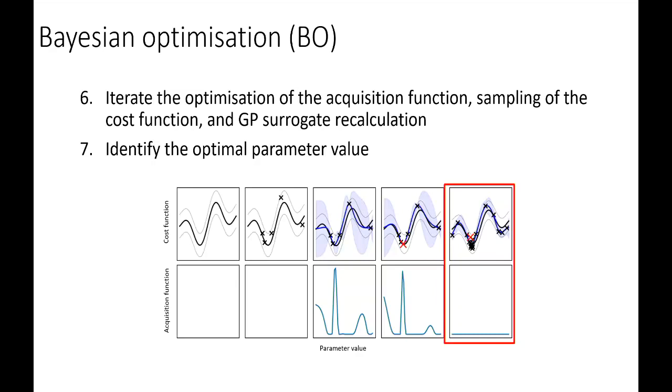Once you've done all this sampling, though, remember it's a noisy cost function, so there's an extra step that we have to do, which is we need to identify what is the actual optimal parameter value. It's not just the lowest thing we've seen, we need to average over the distribution of the noise, right? And the way that we're going to do this here is we're just going to take whatever the minimum of the surrogate model is, right? So the surrogate model is going to give us a good idea of that.